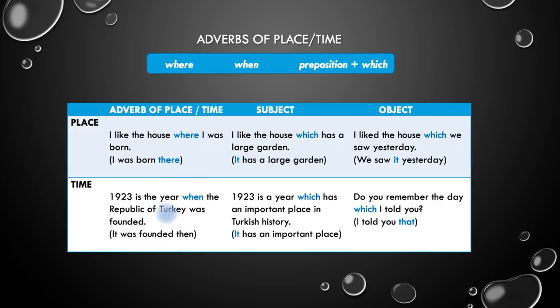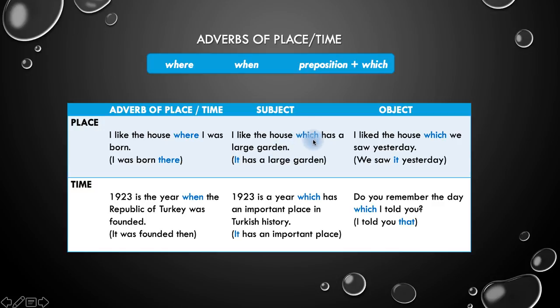However, we can also use which with places, the house, and with dates, with time, like in this case, a year. So you should be careful about the meaning of the sentence. Now let's look at these sentences together. I like the house which has a large garden.